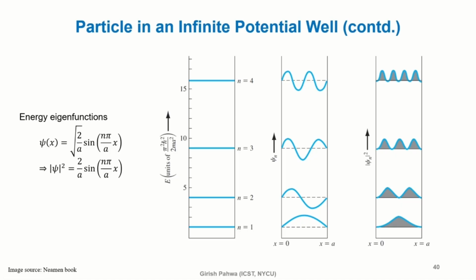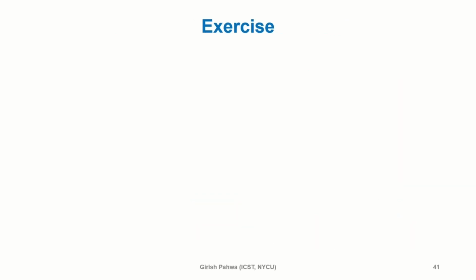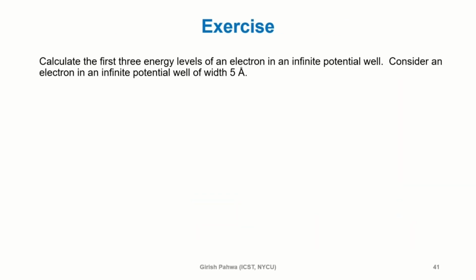Now let's do some exercise. I have an infinite potential well, and the width of the potential well is 5 angstrom. Angstrom means it is 5 into 10 to the power minus 10 meter. Can you calculate the first 3 energy eigenvalues? Please do this. Calculate the first 3 energy eigenvalues and tell me the range.